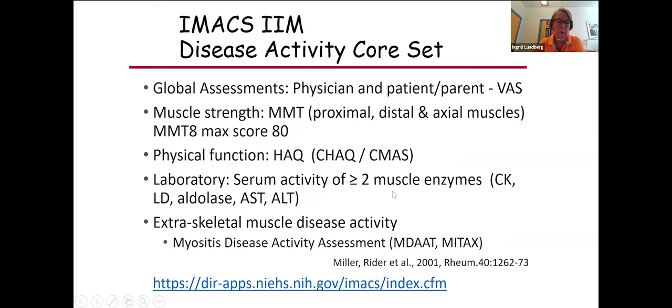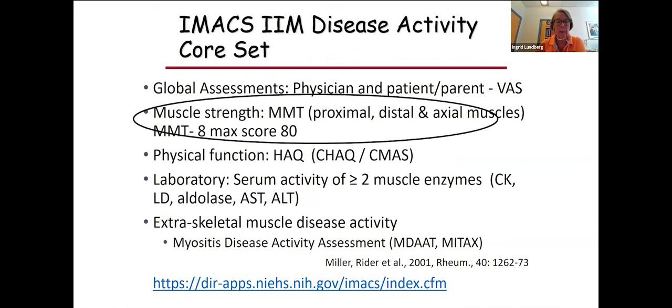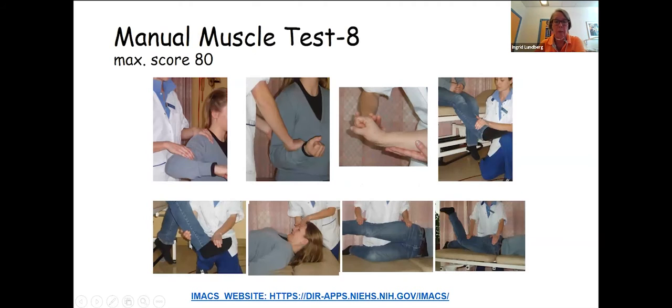And then importantly, also a tool to measure extraskeletal muscle disease activity. This tool is demonstrated on this website, where you can also find videos on how to use these tests. In particular, I want to emphasize that it's important to measure the muscle strength using this MMT, which is easily performed in the clinic.